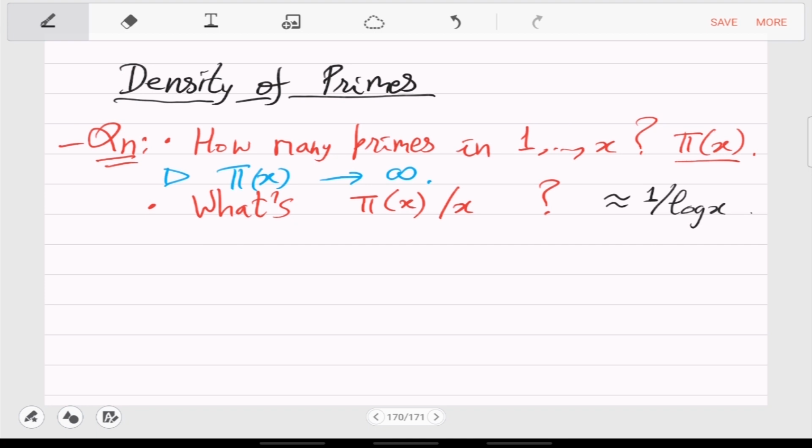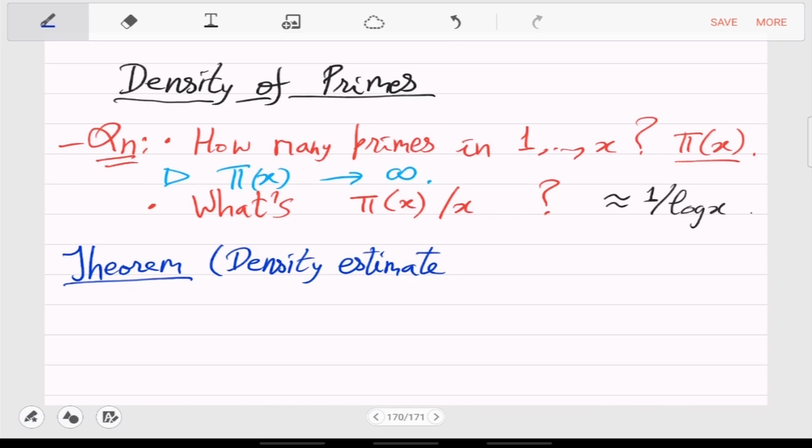So how do you show this thing? So let us just show an estimate. Which I think, the proof I will present is mainly due to Erdos from the 1930s.